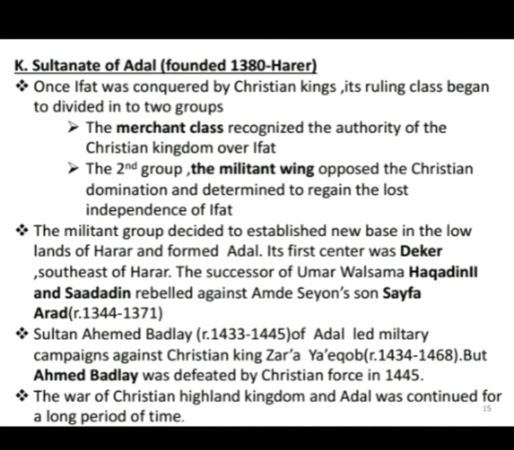And the second group became the militant wing of the sultanate of Ifat, and they opposed the domination of the Christian Highland Kingdom, and they went into exile in Harar and established a new hostile independent state, or they began to restore the independence of Ifat, and they established the capital at Harar. The militant group decided to establish a new base in the lowlands of Harar and formed Adal.